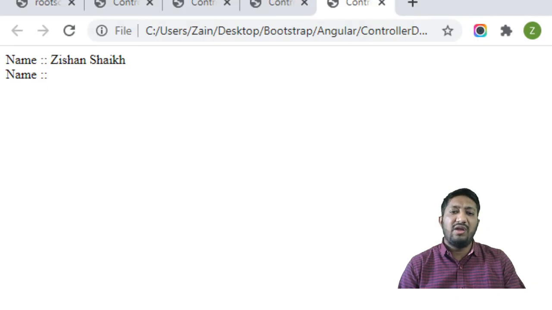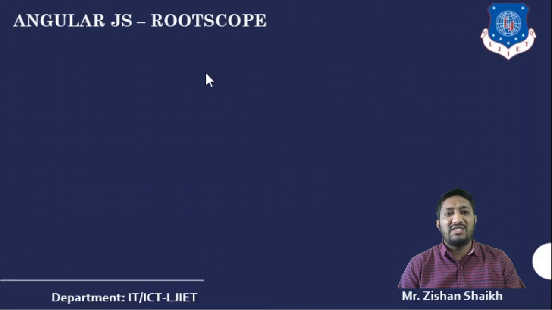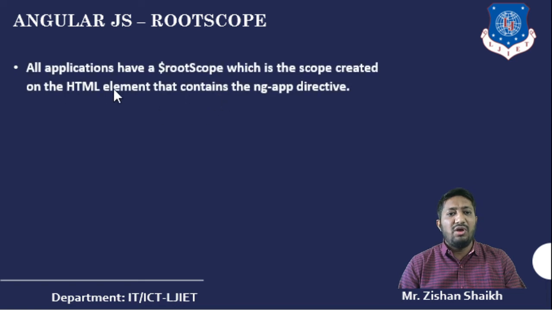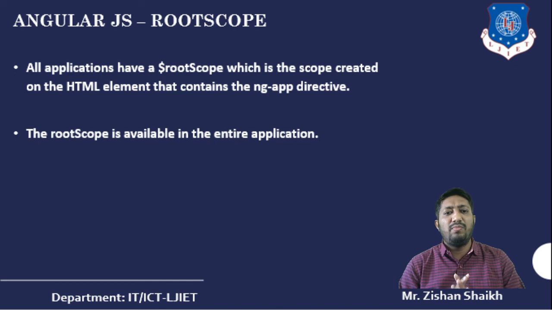So how can we remove that? For that we can move to the next variable, that is the root scope variable. All applications have a root scope, which is a scope created on the HTML element that contains the ng-app directive. So the root scope is available in the entire application.